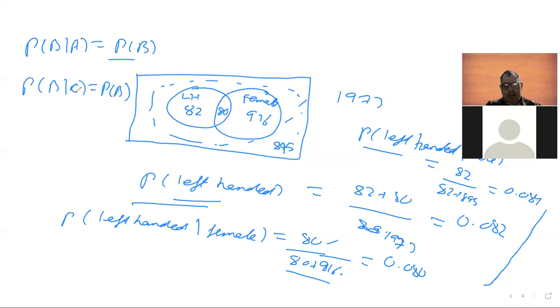There is another third event. So here A is male, C is female, and B is left-handed. This is just proving that P(left-handed) is equal to P(left-handed given male) and P(left-handed given female), because male and female are independent events, right? Okay. Now let's do exercise 9.